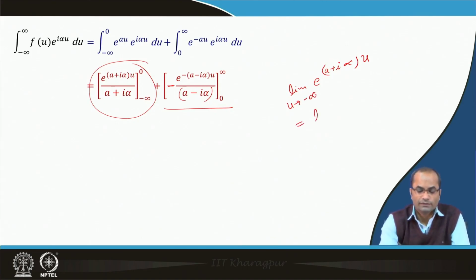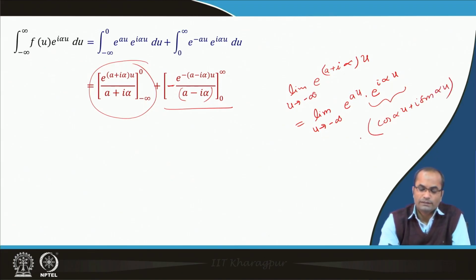So, what do we have? We have the limit u going to minus infinity of e power a u, multiplied by e power i alpha u there. This e power i alpha u is just cos alpha u plus i sin alpha u, so that is a bounded quantity, and then together with e power a u, we have the limit u going to minus infinity.